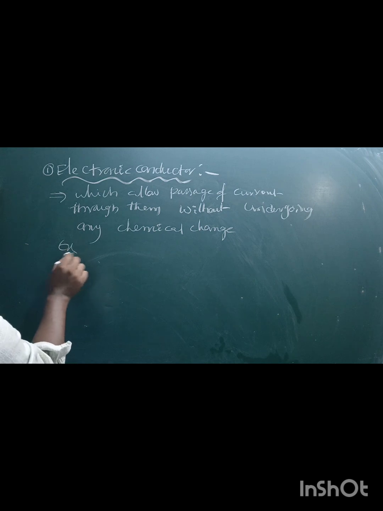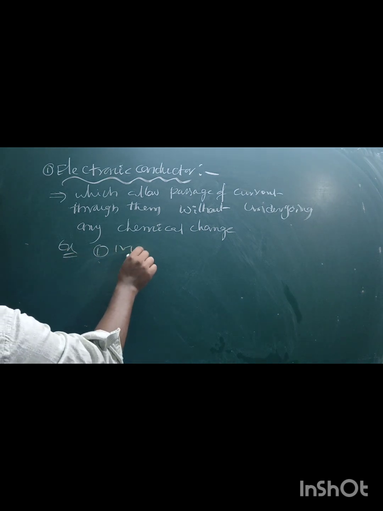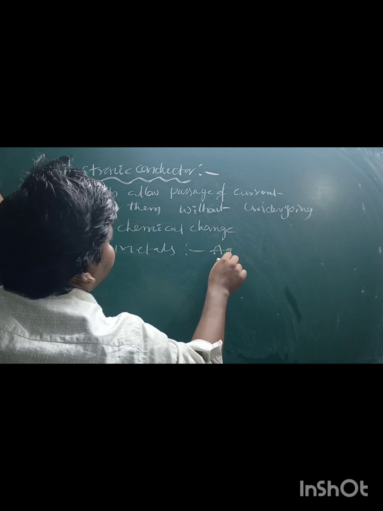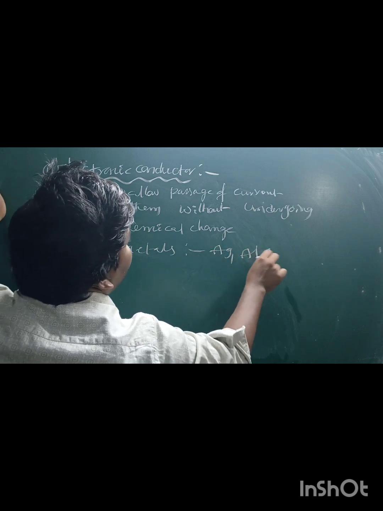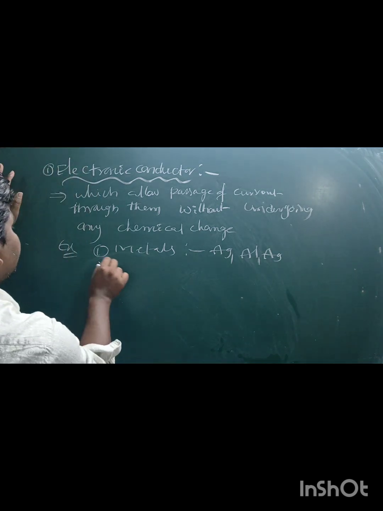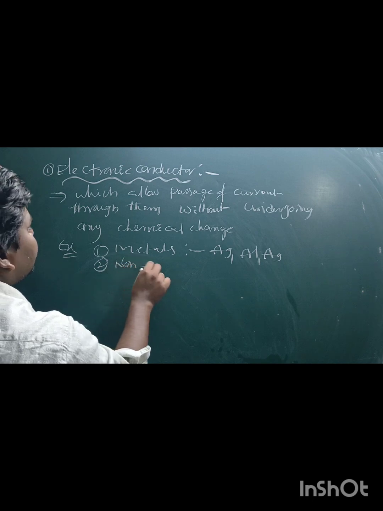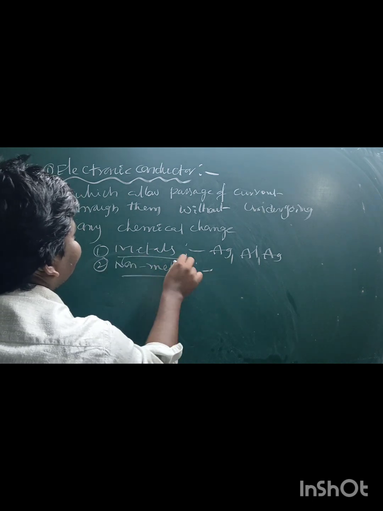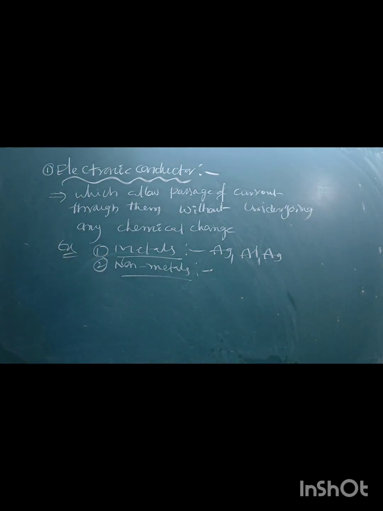Examples of electronic conductors: metals like silver, aluminum, mercury. Non-metals like carbon black and graphite.